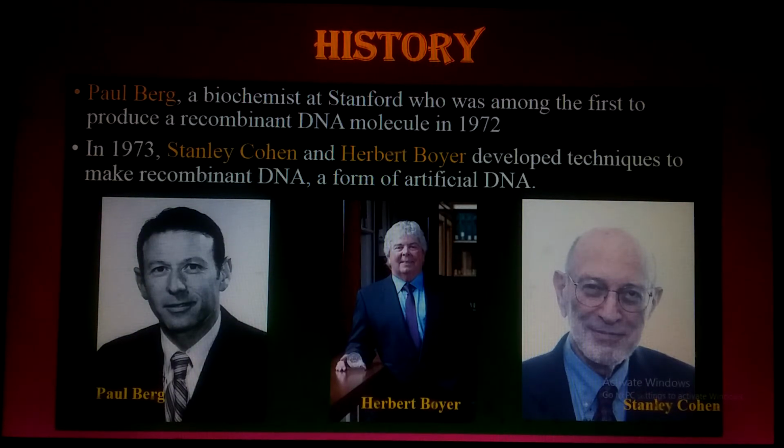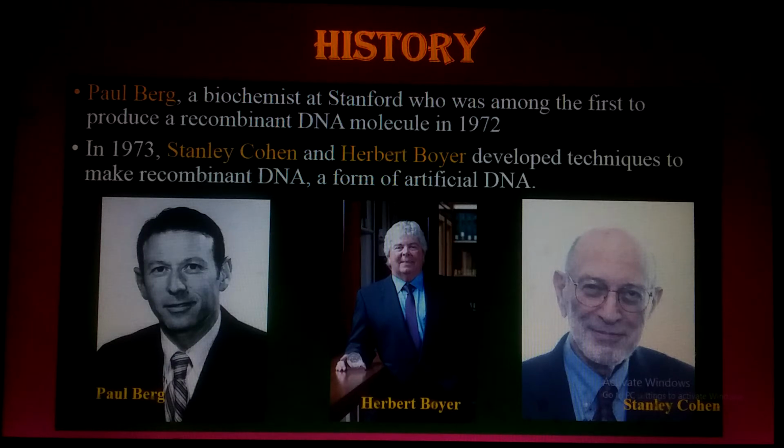You can see here Paul Berg on the left side, Stanley on the right side, and Boyer in the middle. These are the scientists who worked on recombinant DNA technology and first identified, discovered and made recombinant DNA.